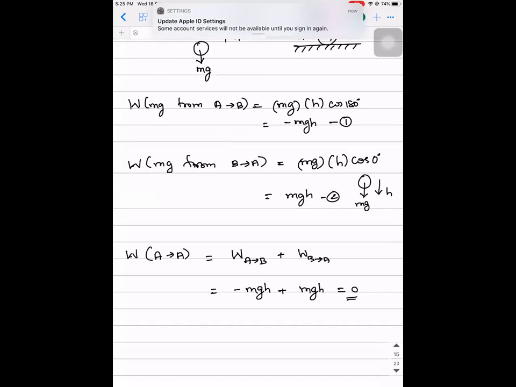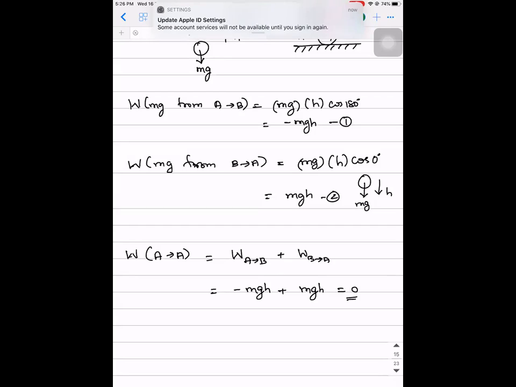Now tell me which force is doing 0 work in the round trip? No, I'm asking which force. Try to understand the question. People are getting confused between force and work done. Which force did we take? What did I substitute in the place of force?